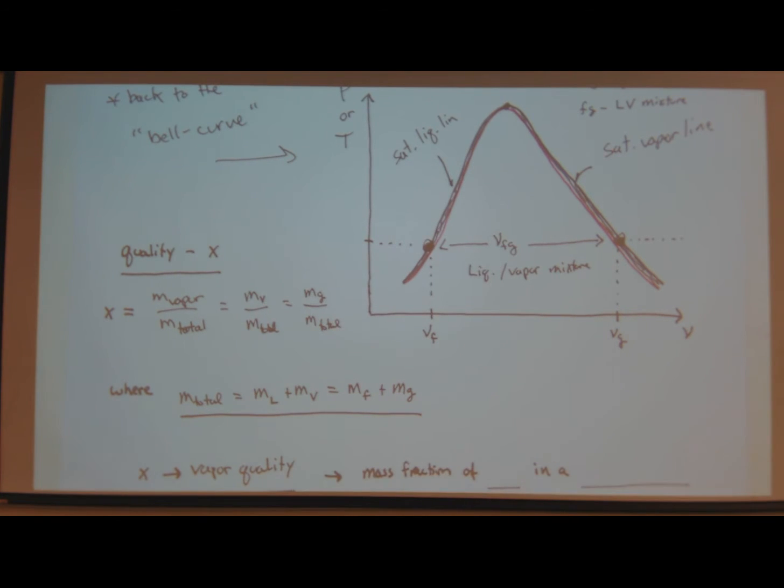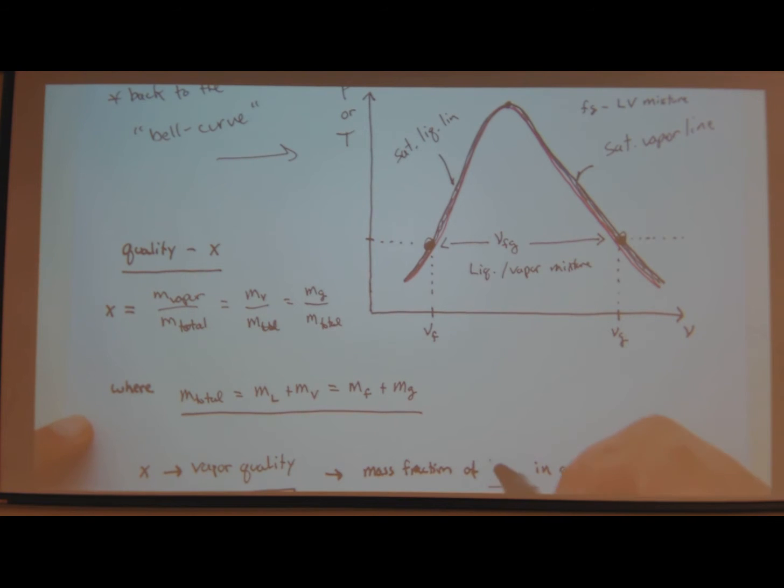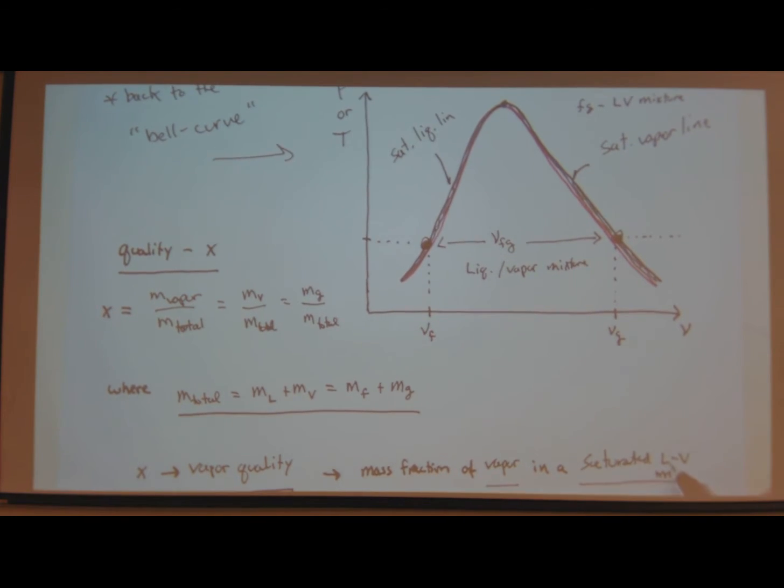Nevertheless, it represents the percent, or the amount of mass of vapor in my control volume relative to the total mass. Mass fraction of vapor in a saturated liquid vapor mixture.